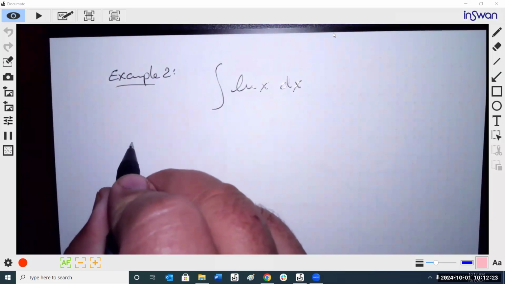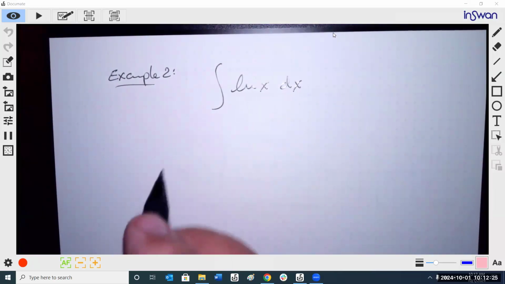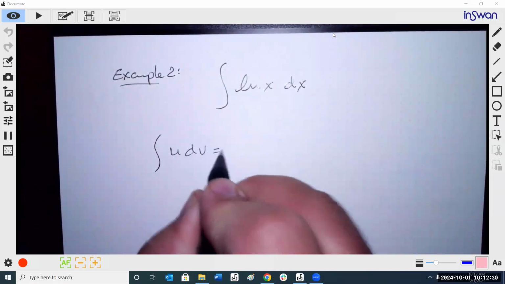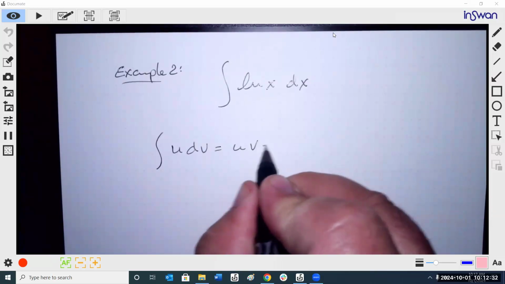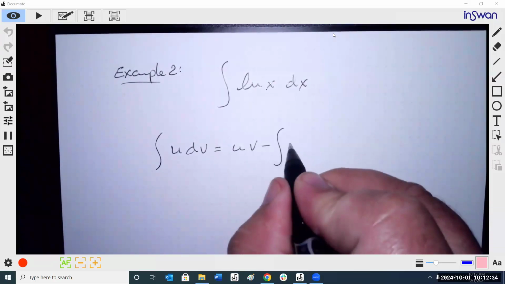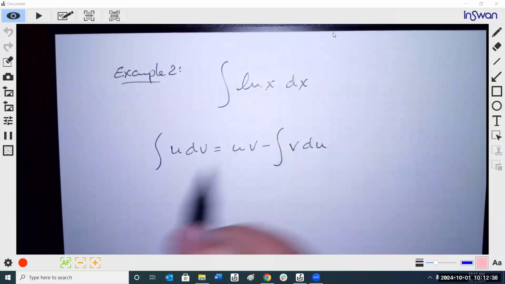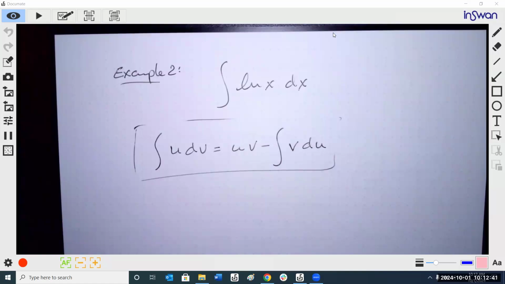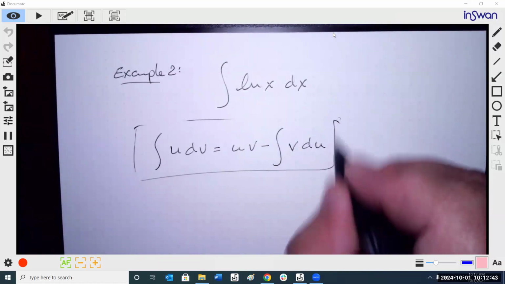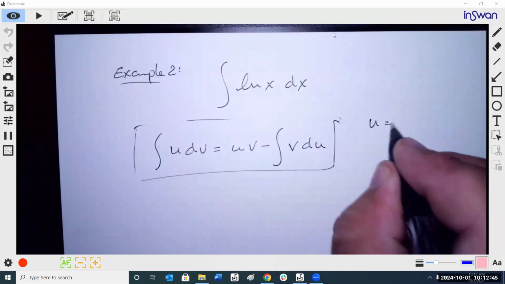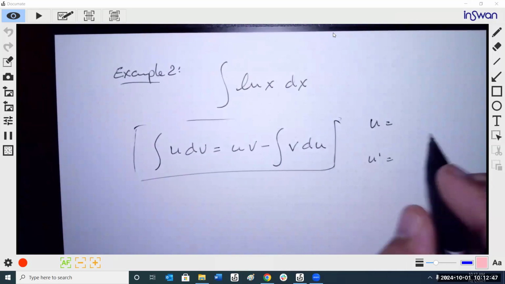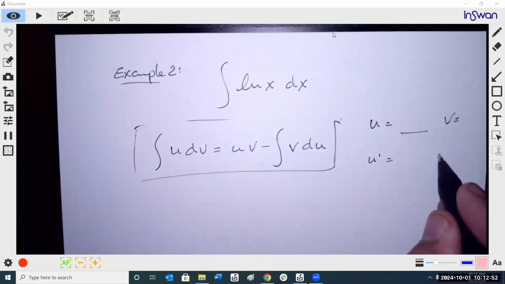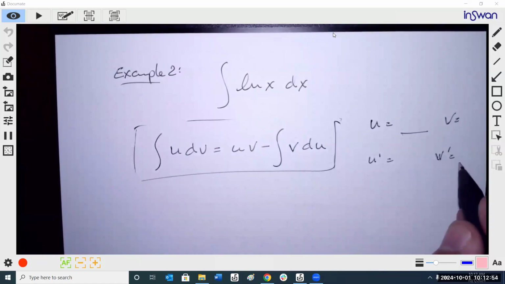Remember, we want to use the formula we just learned: the integral of u dv equals uv minus the integral of v du. That's the formula we want to use. So the first thing we have to do is define u and v prime.